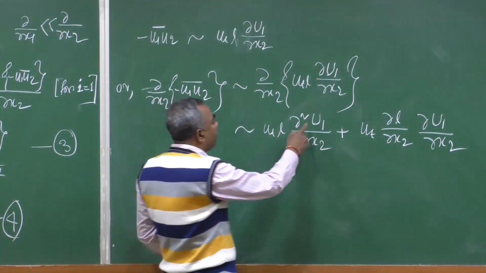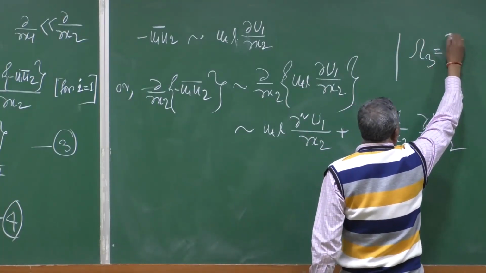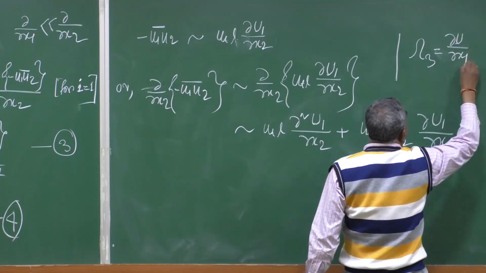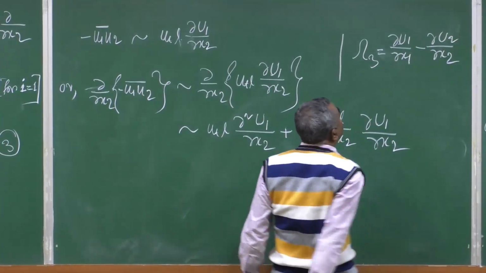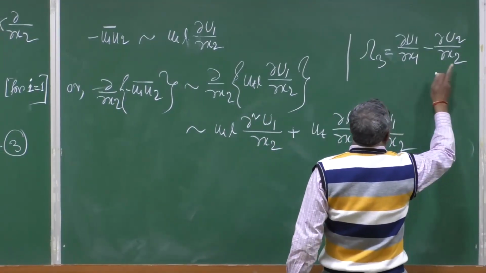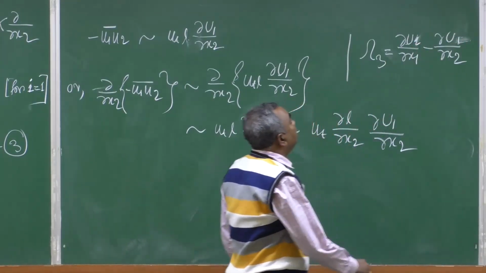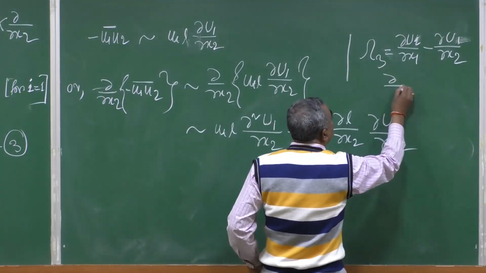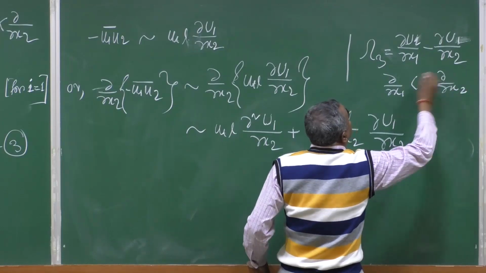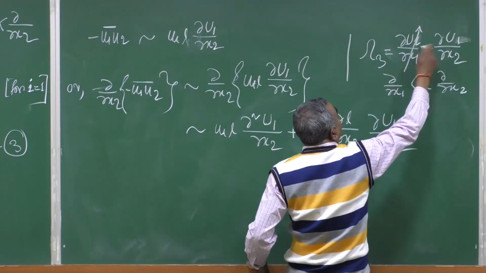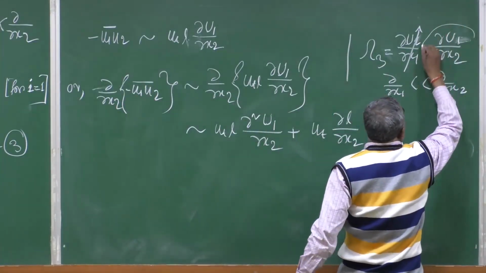So, now you see, we have considered a 2D flow, that means your omega 3 is equal to what? Del u2 del x1 minus del u1 del x2. Sorry, this should be 1, this should be 2, I had it the other way around. So, we said that the flow we have considered is of this nature. That means, this is kind of negligible as compared to this. So, your omega 3 is approximately this quantity.